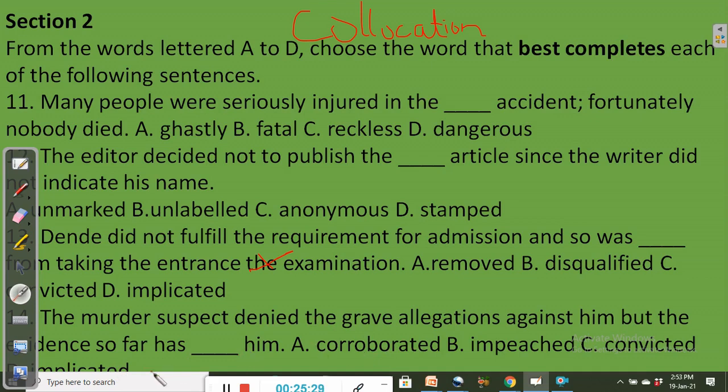You know, when you are implicated, it means there's something that shows evidence that you were guilty of something. That's when you are implicated. Corroborated is a different thing. Impeached is when you are occupying an office and then a certain group of people like the Congress decide to impeach you. A president can be impeached. All right. Convicted is when you are already found guilty in a court of law. So implicated is the right word there.